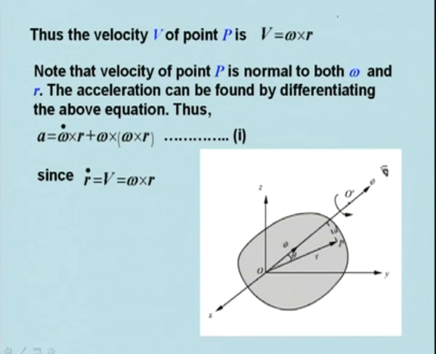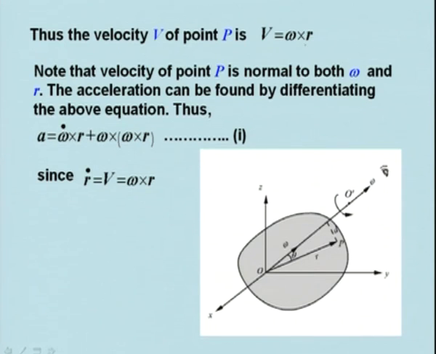The acceleration can be found by differentiating the above equation. That means differentiate V equal to omega cross r to get the acceleration. So A is equal to omega dot cross r plus omega cross r dot. Now r is rotating, and r dot is equal to V, that is omega cross r, as we have seen.